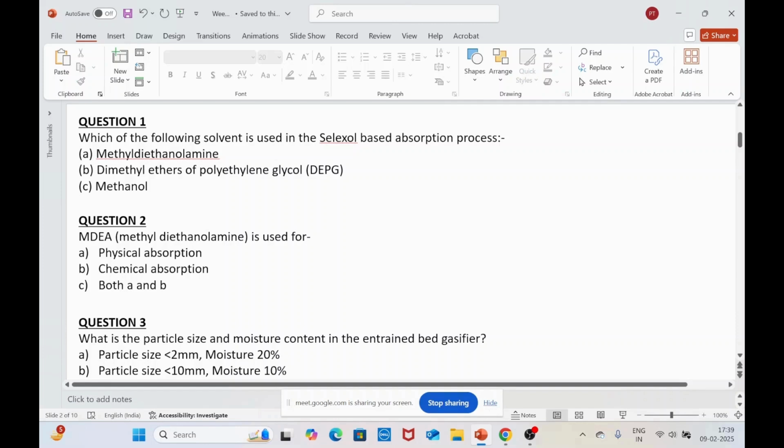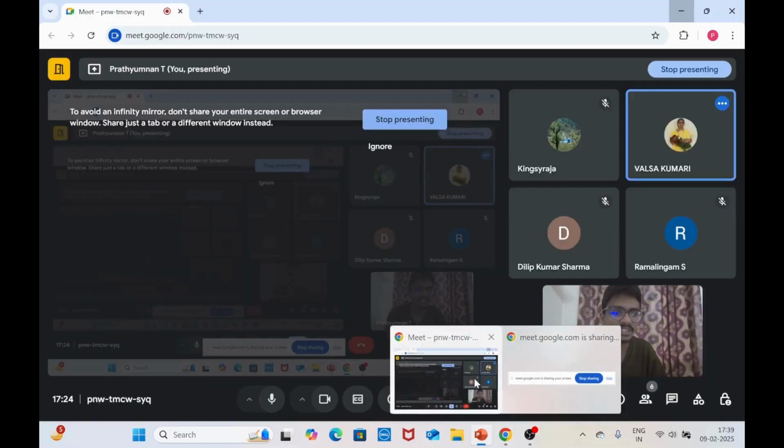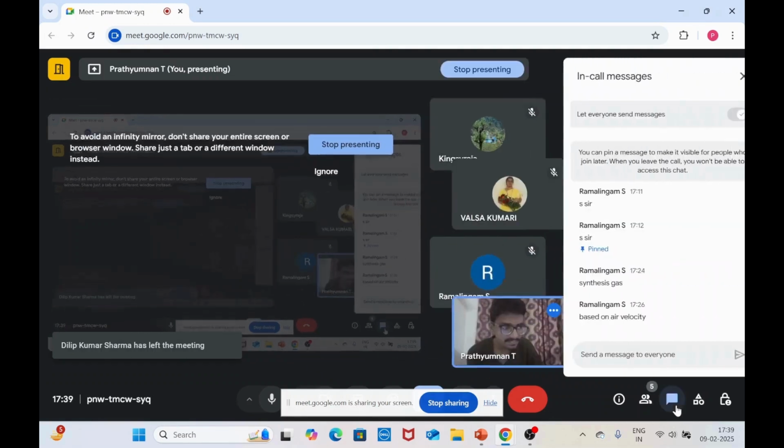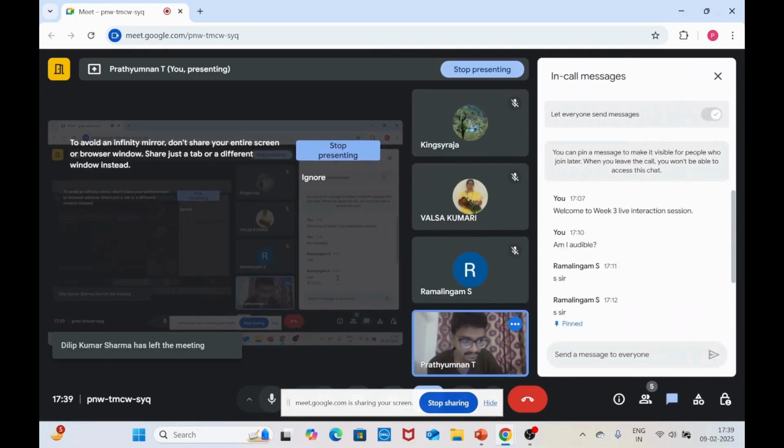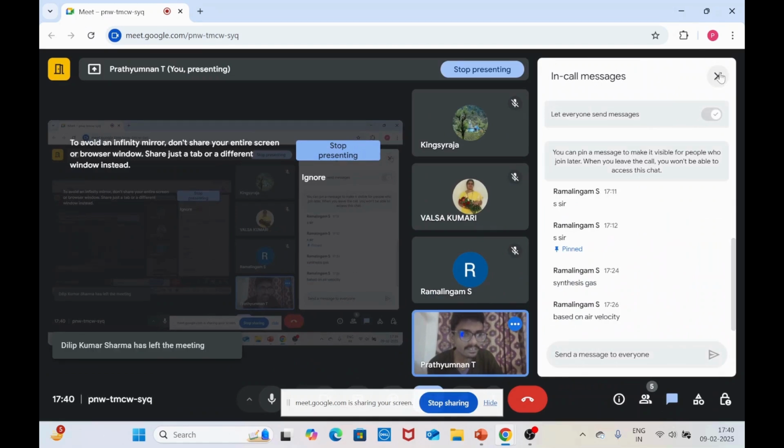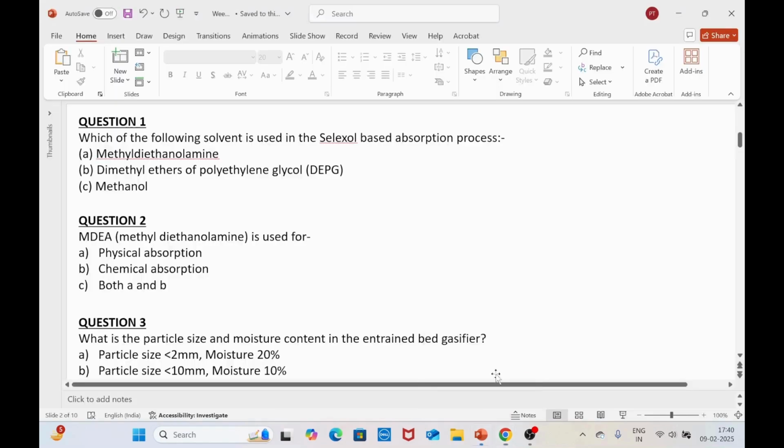Second option, ethylene glycol. So what about others? Do they have any different answers? Any different answers from anyone else?